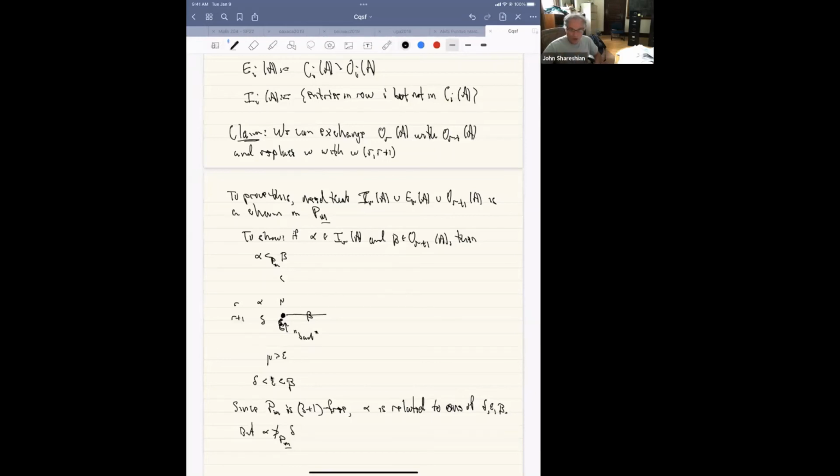Why is this? Because this is the leftmost bad thing, and therefore this would be bad if alpha were bigger than delta. But this is the leftmost bad thing.